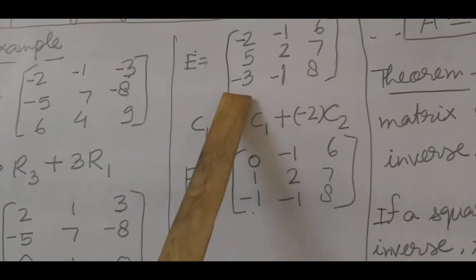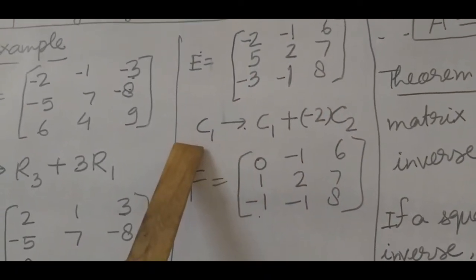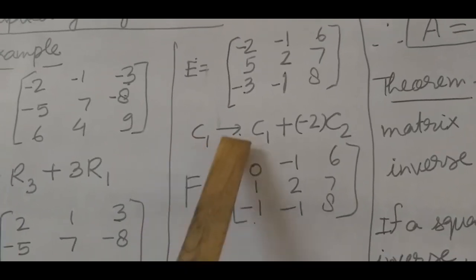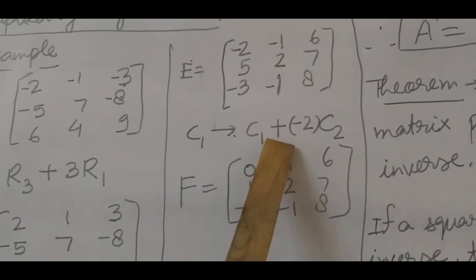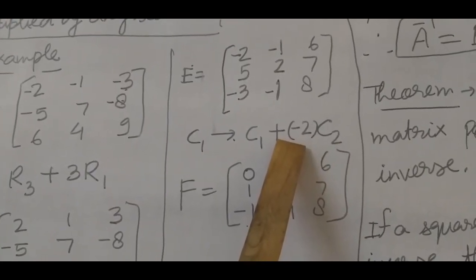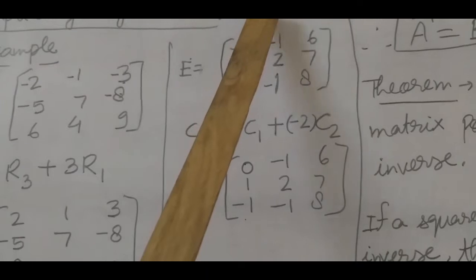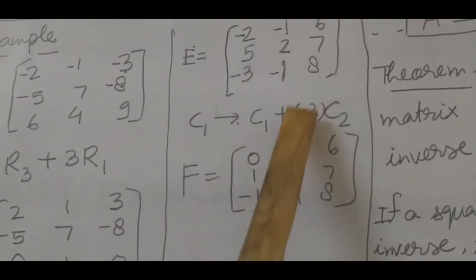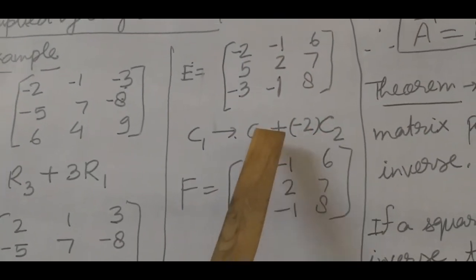I want to change column 1, C1. C1 tends to C1 plus minus 2C2. Students, I want to multiply C2 by minus 2, then I want to add this in C1.